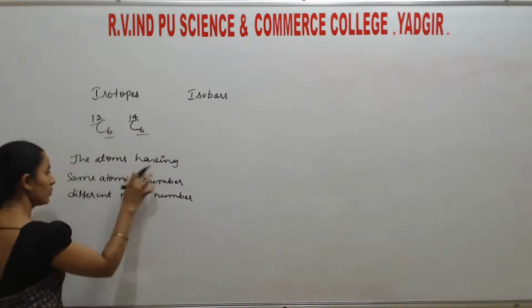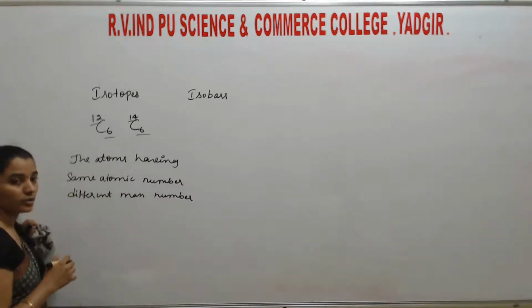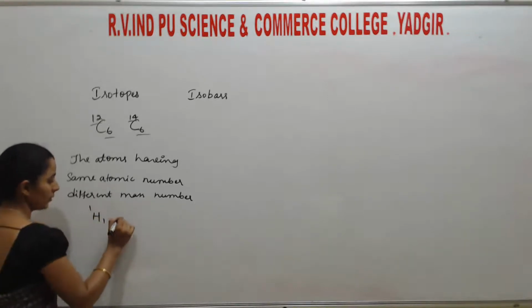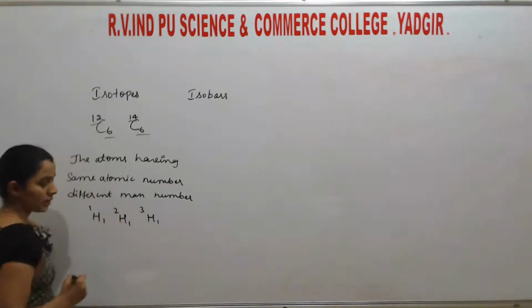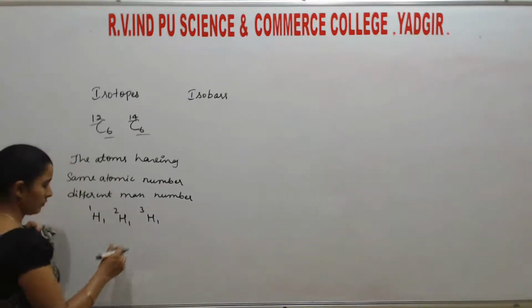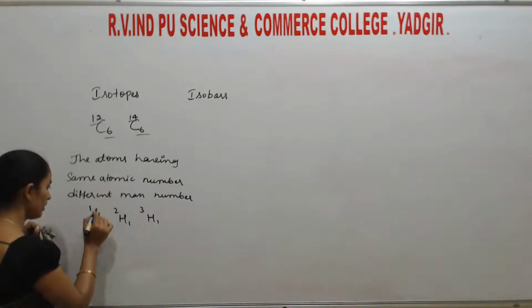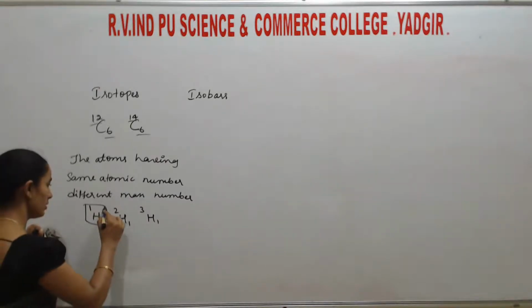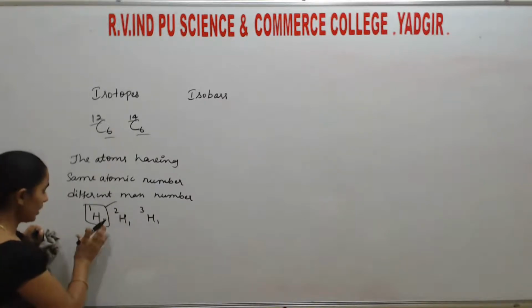So if the atomic numbers are the same and the mass number is different, they are called as what? Isotopes. Similarly, hydrogen 1, 1, hydrogen 1, 2, and hydrogen 1, 3 are there. There are 3 isotopes of hydrogen, and if we take the average atomic mass, we get the one found abundantly in nature. So this is taken as the standard value of hydrogen.